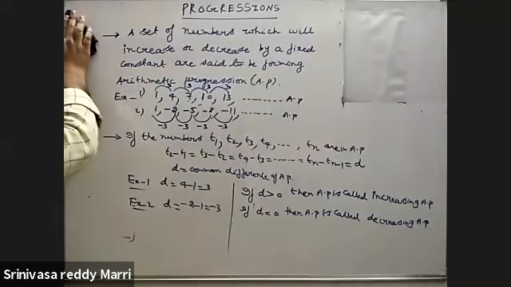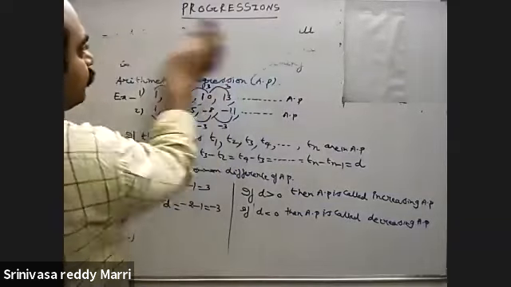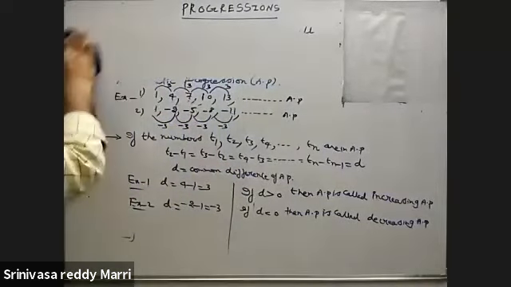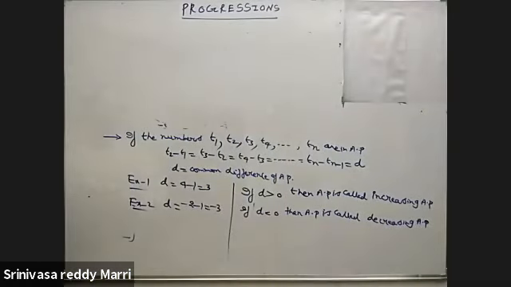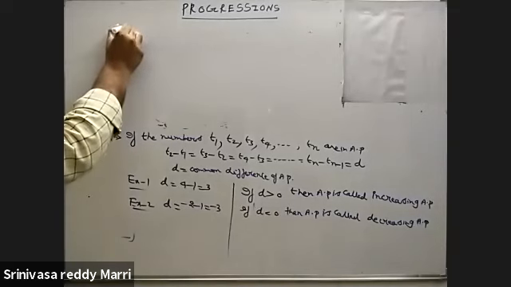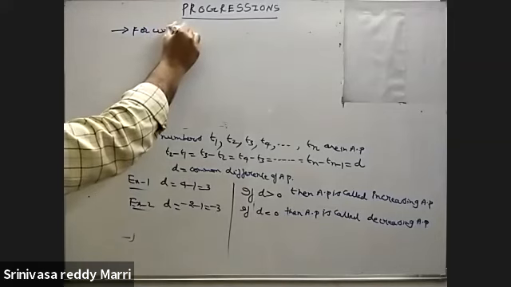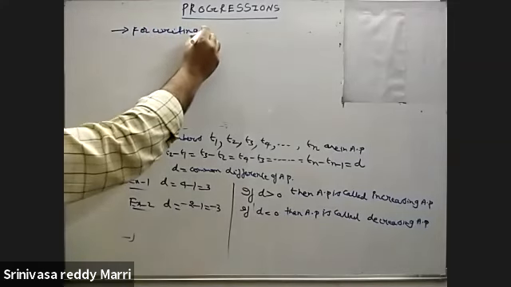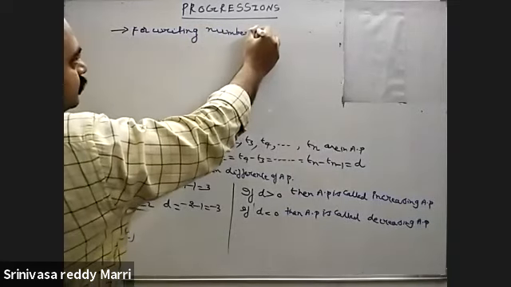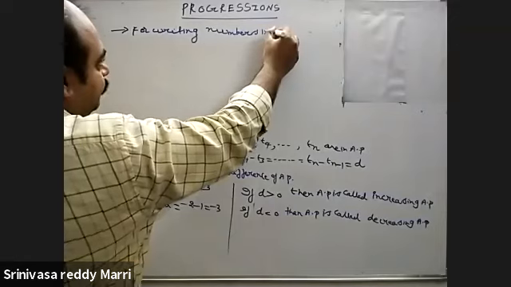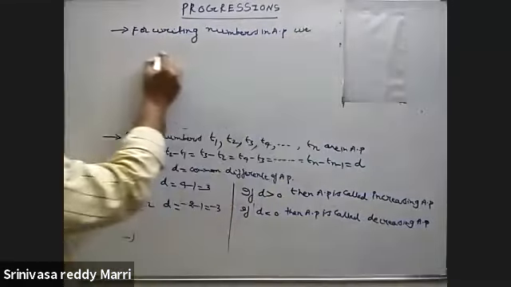For writing numbers in AP, what do we need?